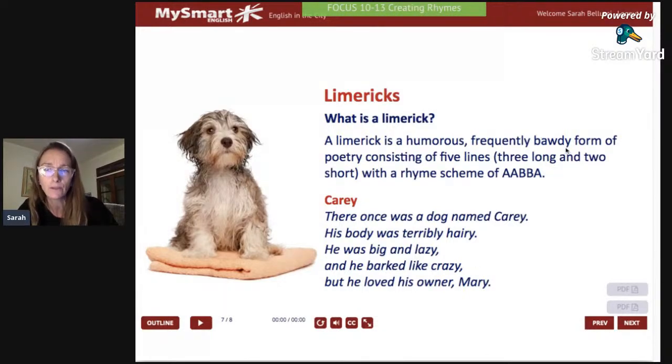Okay, first of all, I want to know who can impress me by telling me the meaning of this word, bawdy. What does bawdy mean? No Googling allowed. I know if you Googled. Let's see. Maybe you can guess from the context.